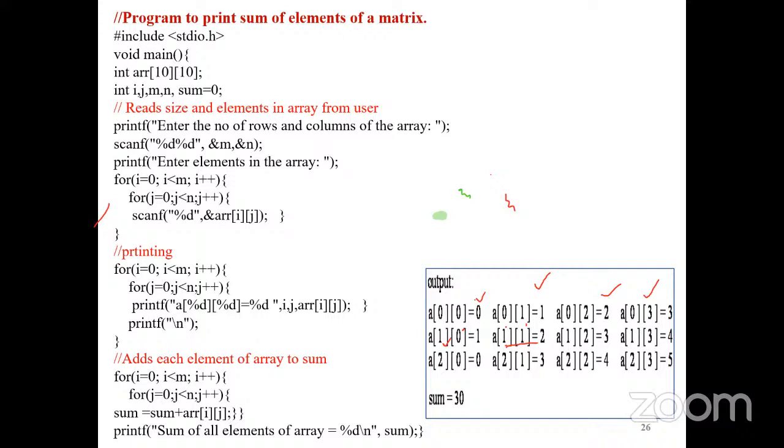What should I do now? I want to find the sum of all the elements. What I need to write for the sum of all the elements means sum equal to sum plus, tell me, sum equal to sum plus what? A of ij, A of ij. So like this you can perform the sum operation.